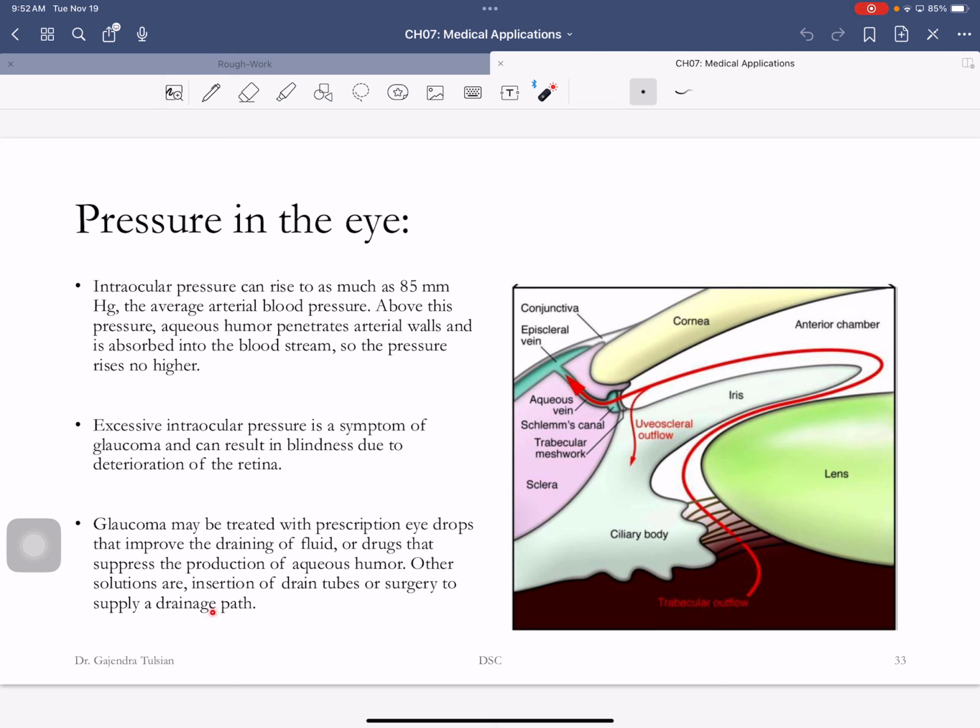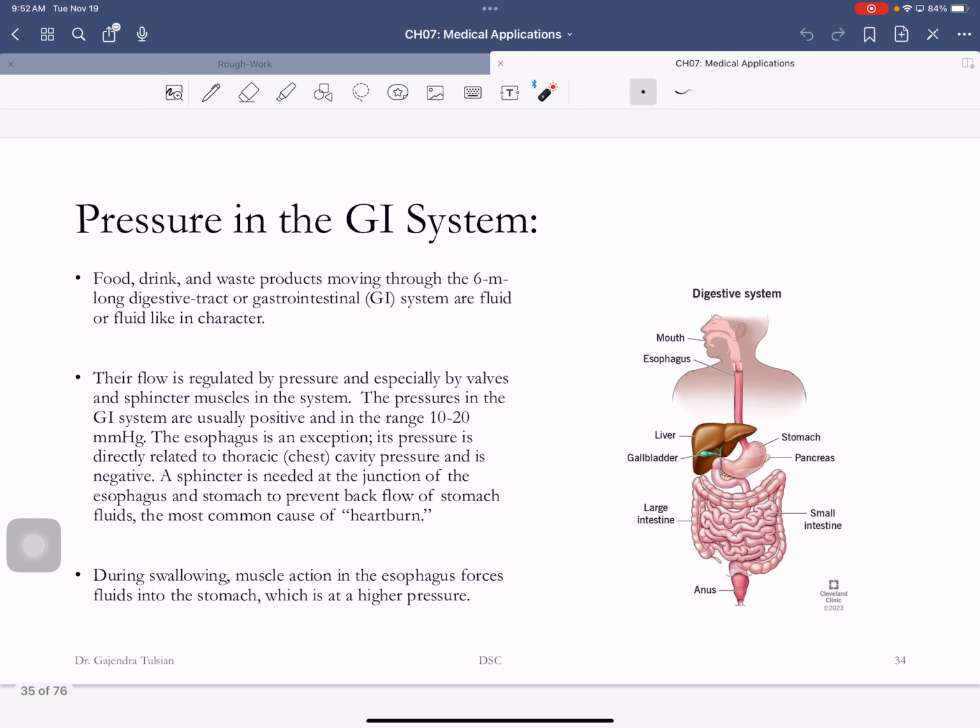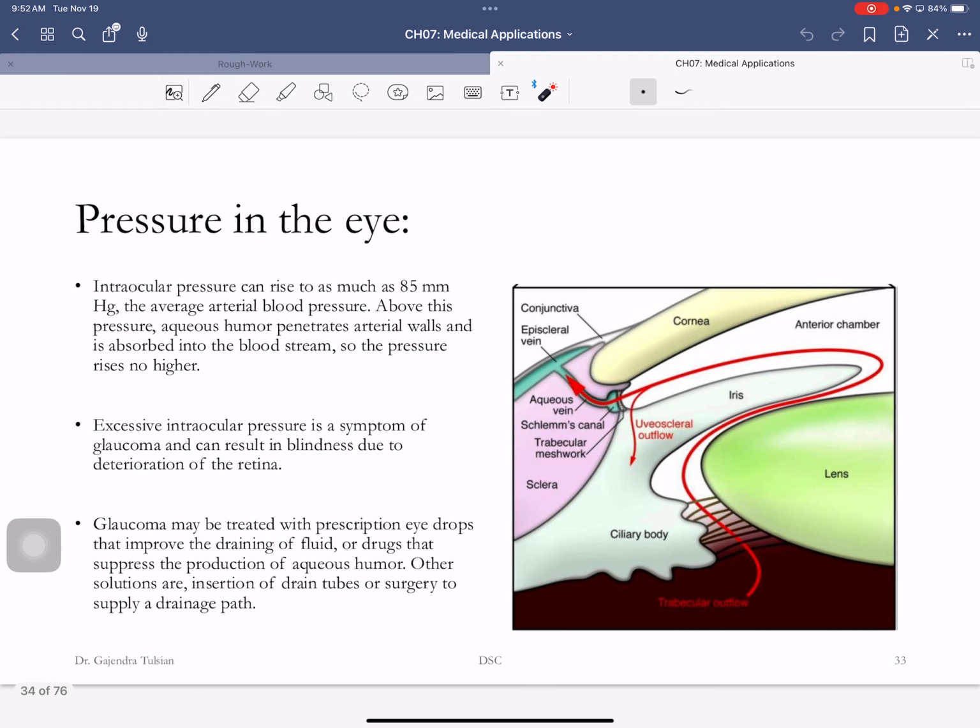All your solutions have to somehow provide drainage. So we learned about the aqueous humor. 5 cc of it is produced every day, and you have to make sure you have good drainage.